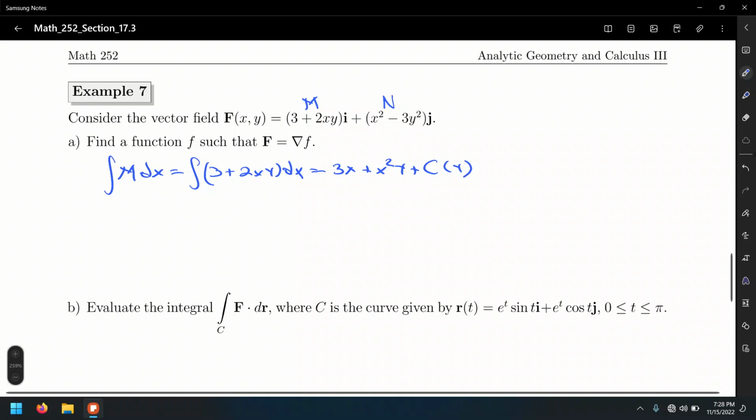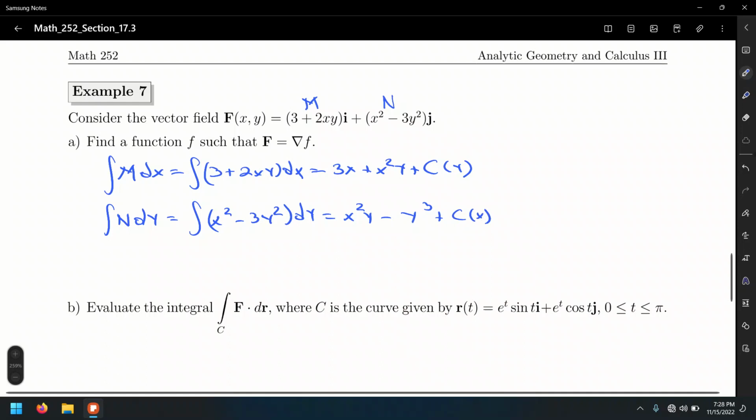And the second integral, which is the integral of N dy, that's the integral of x squared minus 3y squared with respect to y. So that's x squared y minus 3y cubed over 3, which actually just reduces to y cubed, plus some c of x. All right?